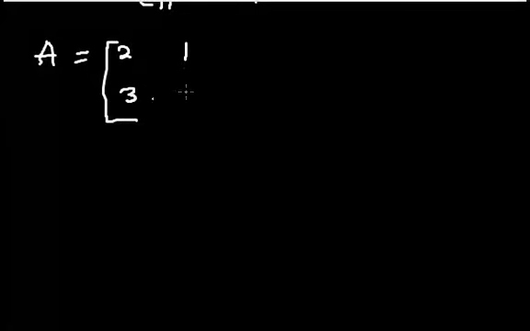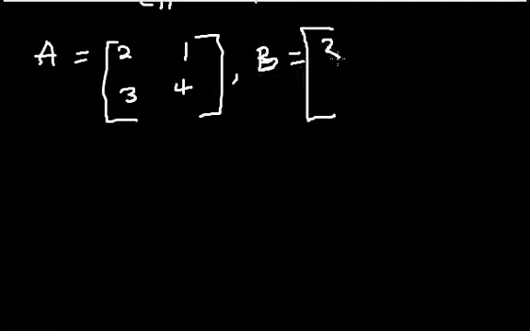Let's say matrix A is equal to 2, 1, 3, 4, and it is added to another matrix, matrix B, let's say 3, 1, 2, 5.